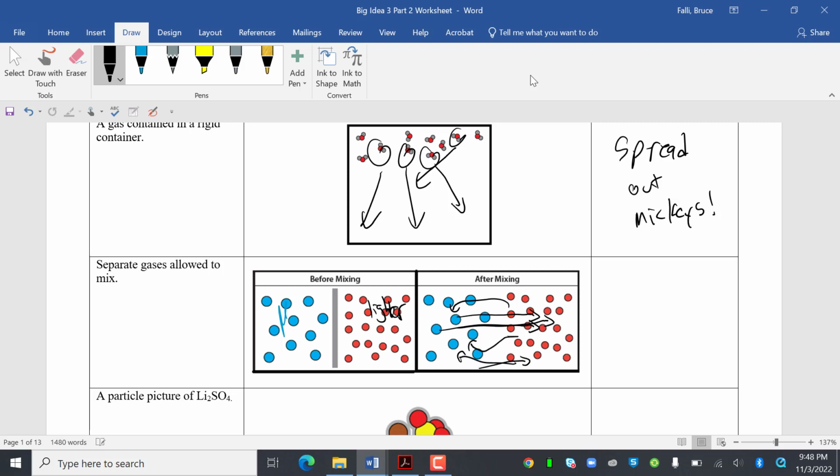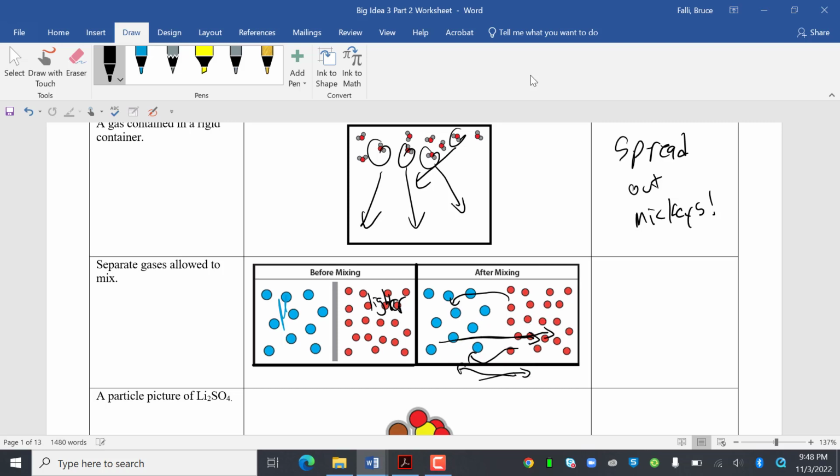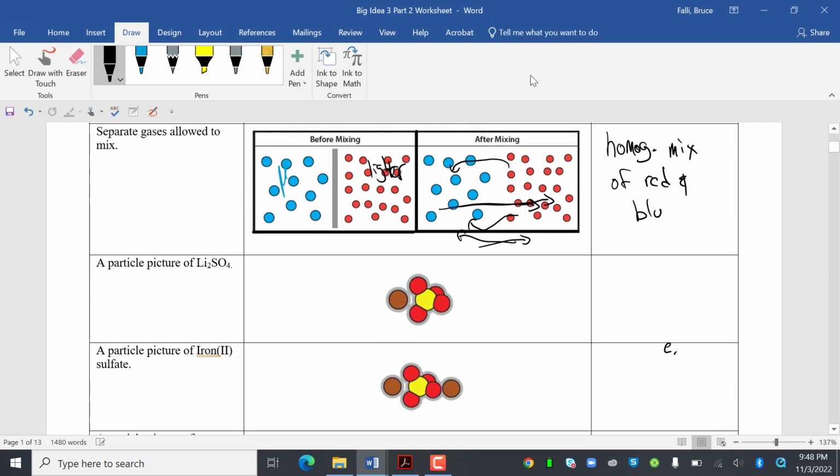It doesn't really show it very well, but the reds would move faster than the blues. So separate gases are allowed to mix. It will end up being a homogeneous mixture of red and blue. That means every sample will be the same.